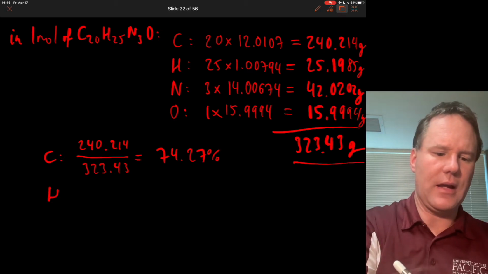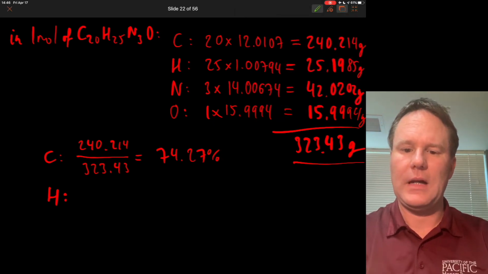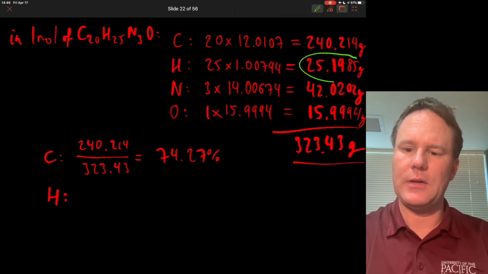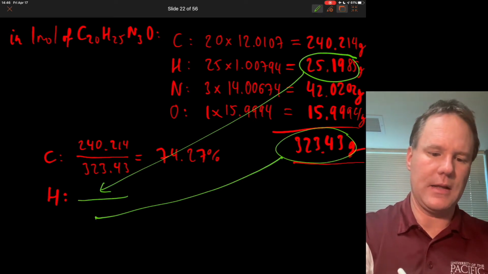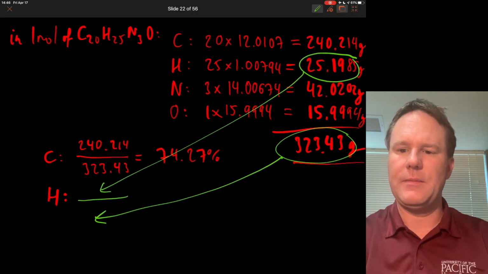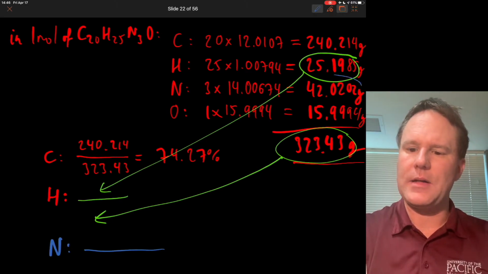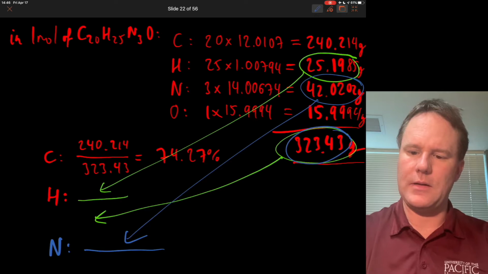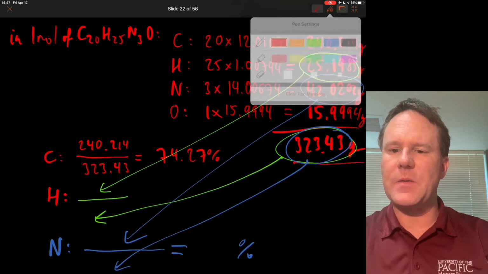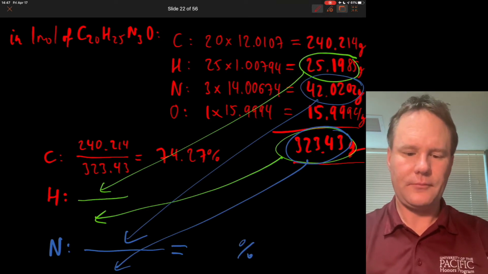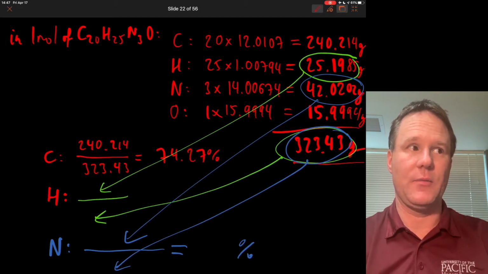All right, and then for hydrogen, I would take this number and put it in here, and take the molar mass and put it in there, right? Or similarly, for nitrogen, I would take this number, take this number, and that would give me the percentage. Okay, and so you can do all that and get the mass percentages of the elements one by one.